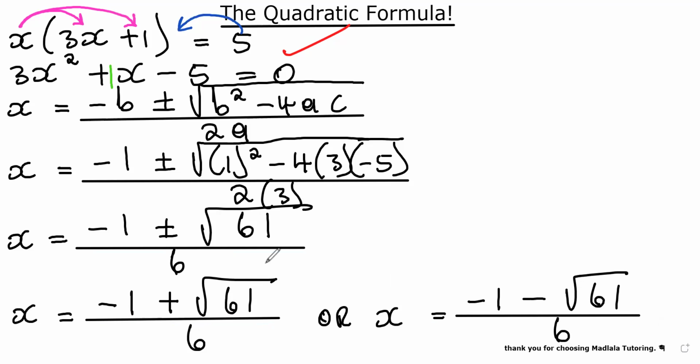Then simplifying this, or rather finding the exact values of x, well, for the first one, I find that x will just be positive 1.14, or x will just be negative 1.47.